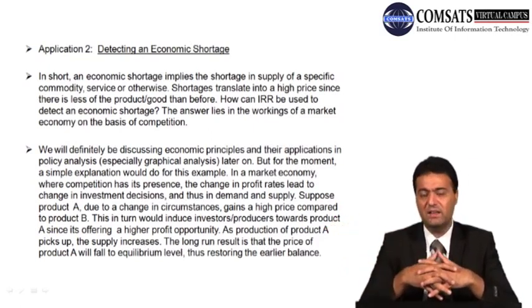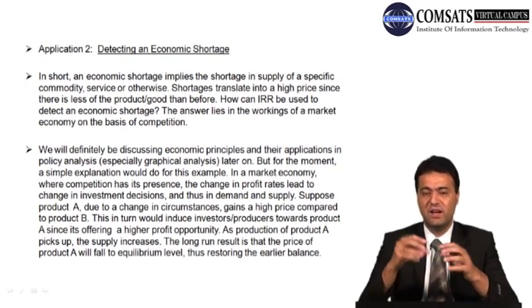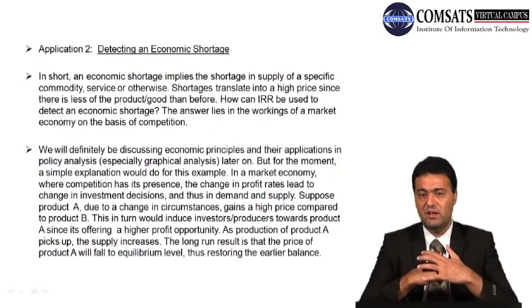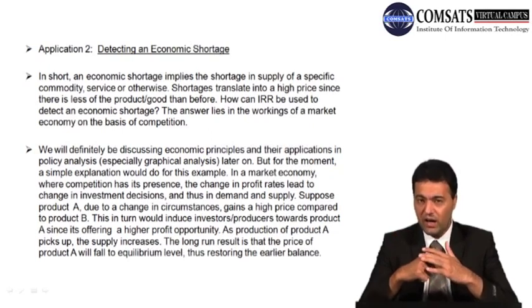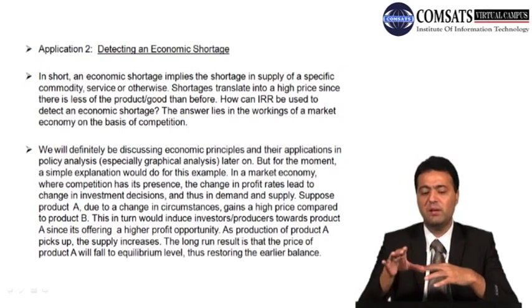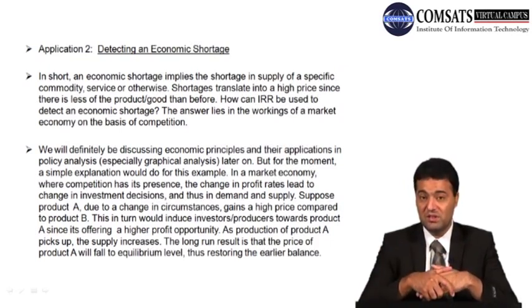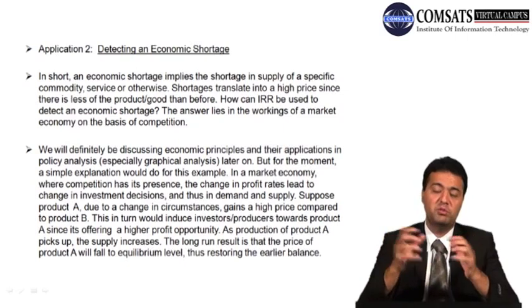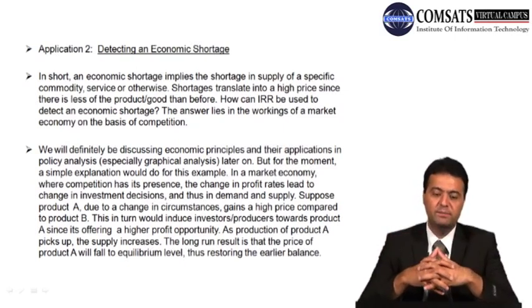And then there are some cases where these kinds of genuine shortages in goods are a bit hard to detect. One indication is a higher price, but the internal rate of return in terms of investments can be used to gauge the shortage of a product and its probable profitability. So how do we do that?